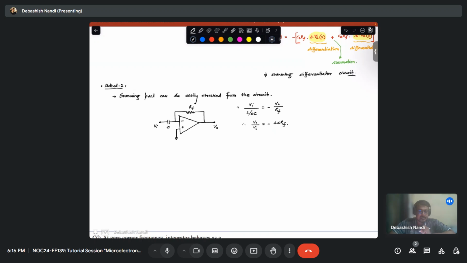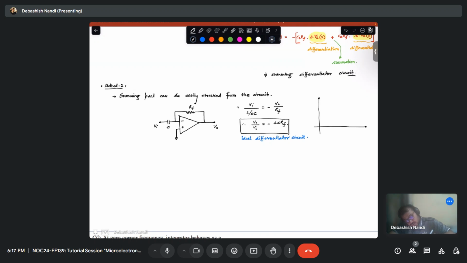So what is this? This is called an ideal differentiator circuit or an active differentiator circuit. So how will the Bode plot look like?